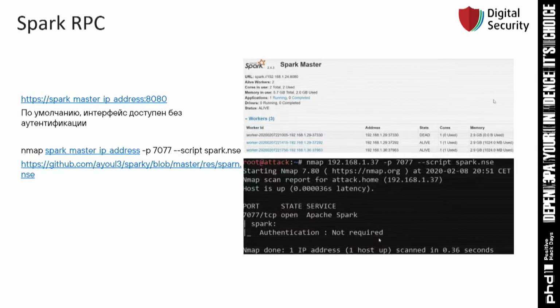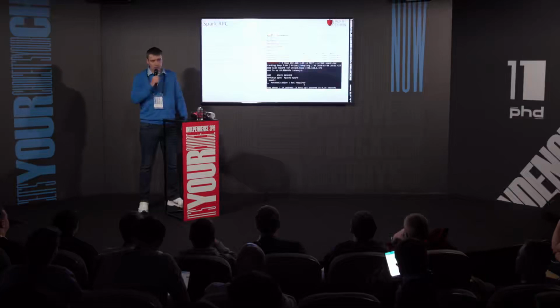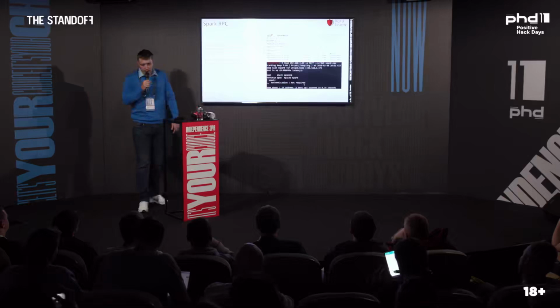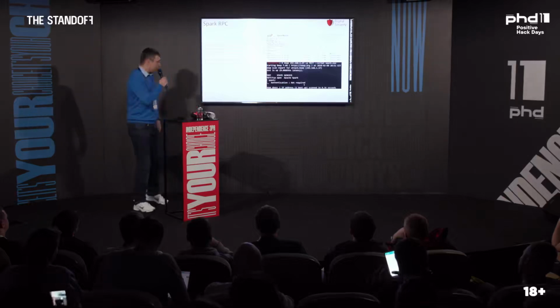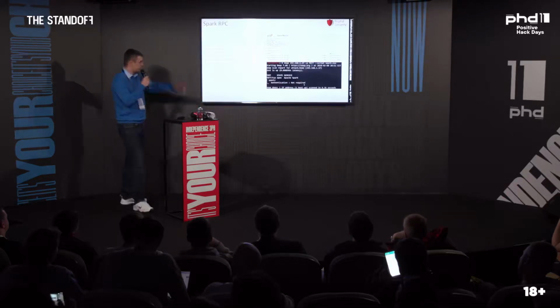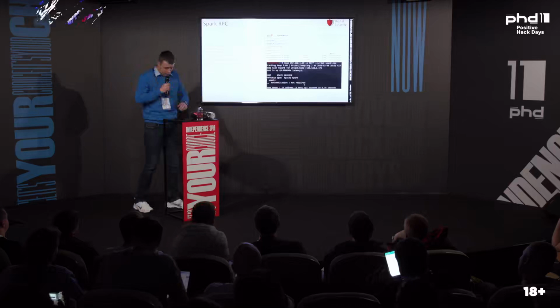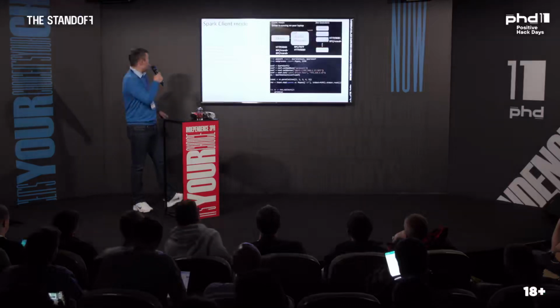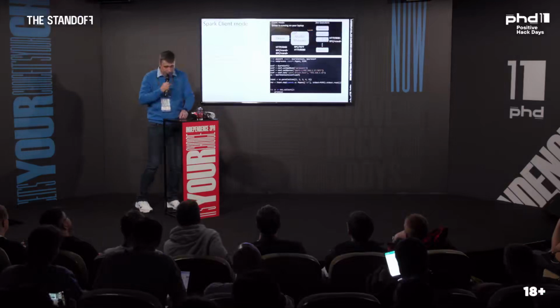But unfortunately, the way Nmap tries to identify Spark is not sufficient because the fingerprints are not written well, so it's better to run a script like this that allows you to identify Apache Spark on 7077, and that authentication is not required is a very useful piece of information.